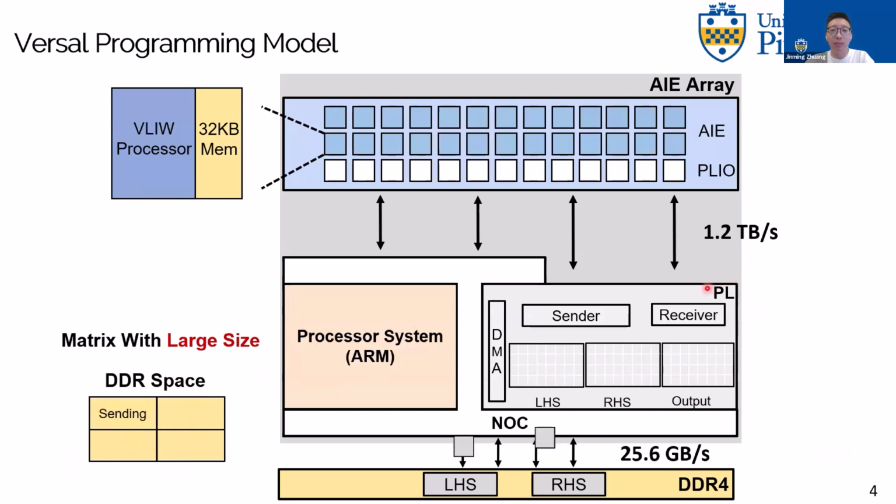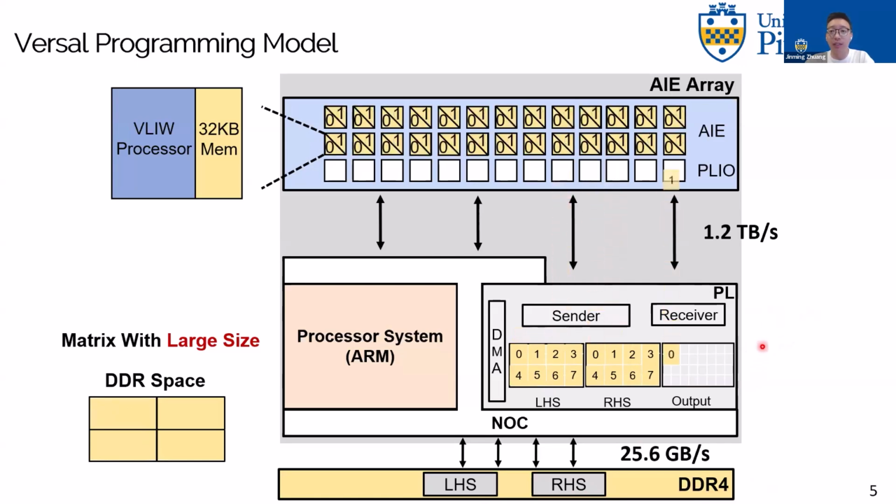The DMA on the PL side will first load a bulk of data in the left-hand side and right-hand side matrices from the off-chip memory to the on-chip buffer, either the BRAM or URAM. And due to the data reuse characteristic of matrix multiply, the small piece of data in the on-chip memory can be reused by the AI engine array for computing several times.